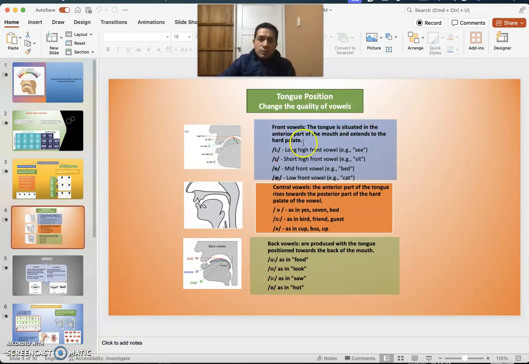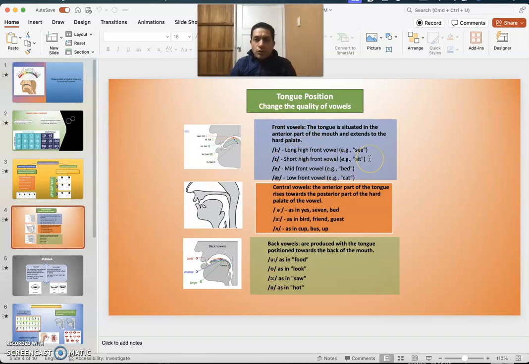The tongue position changes the quality of vowels, because during speech the tongue may move forward, backward, up, and down, thus changing the quality of vowels. First we can find the front vowels.